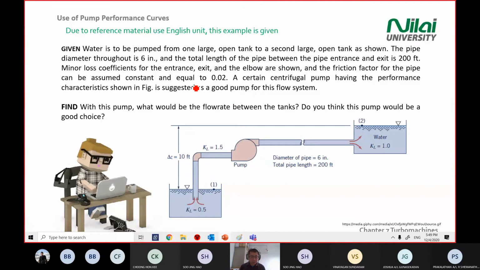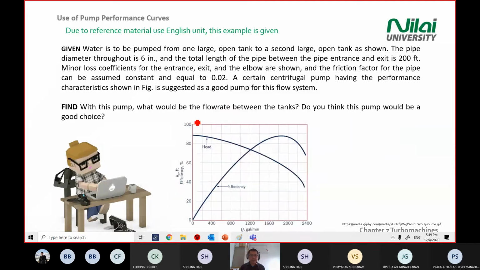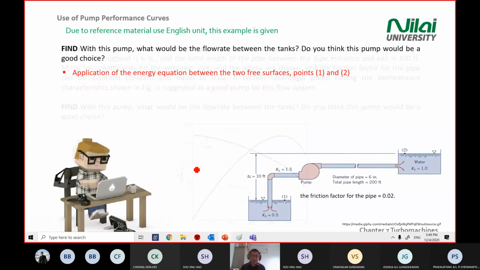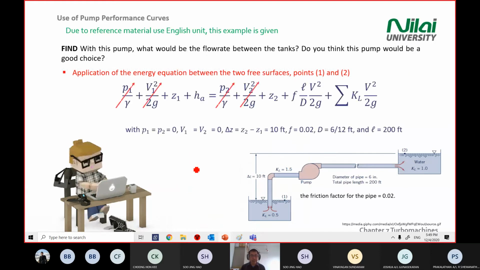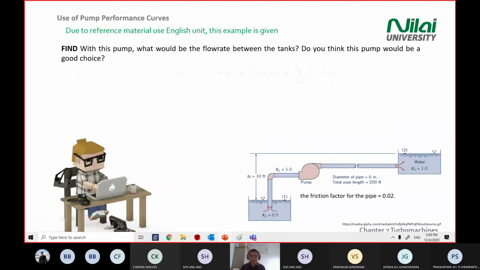So I want you to go through this example also. Question 14, go through the PowerPoint slides. It's just an application of what we learned so far, how we use the efficiency curve and all this. All the curves are given in your handout. You just follow the slides and try to understand how we solve it.